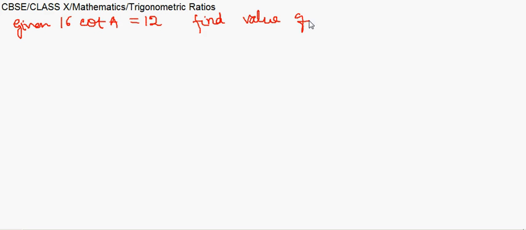It says, given that 16 cot A is equal to 12, you need to find the value of, I skipped writing that, and I have moved on to the question part, sine A plus cos A by sine A minus cos A.